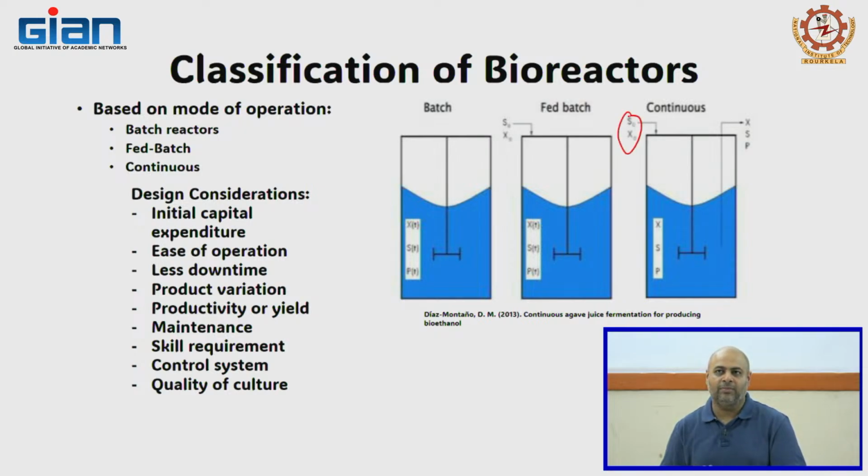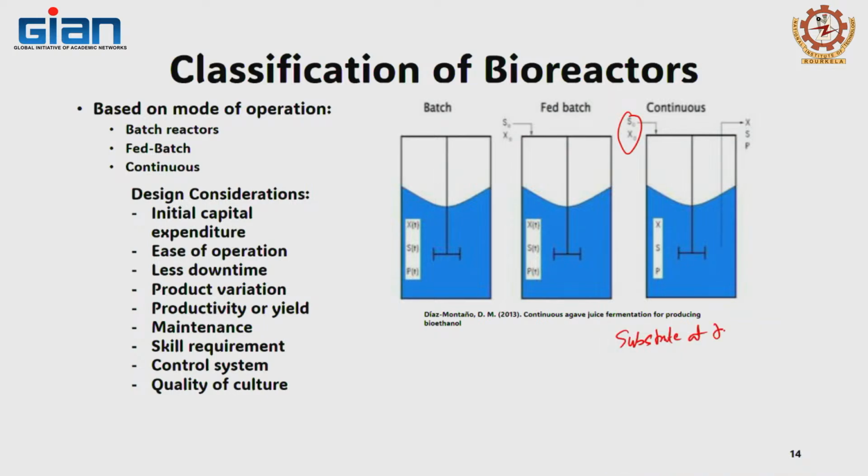Your S0 is basically your substrate concentration at time T0, that is initial substrate concentration, or the substrate that is coming inside. Then you have your X0, that is your cell biomass concentration at time t is equal to 0, your initial cell biomass concentration. X, S and P are what is coming out: X would be your cell, S would be the substrate that is coming out, and P is the product.